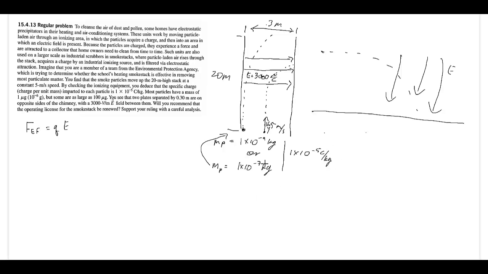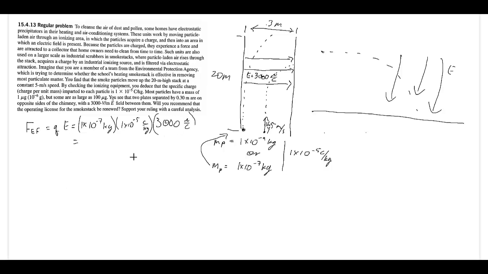So to find Q, we'd have to take the mass and multiply it by this charge density to find the actual charge. So Q is going to be 1 times 10 to the negative 7 kilograms times 1 times 10 to the negative 5th coulombs per kilogram times the E field strength, which is 3,000 newtons per coulomb.